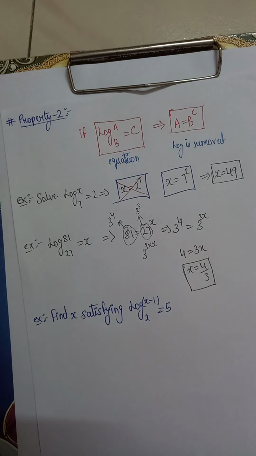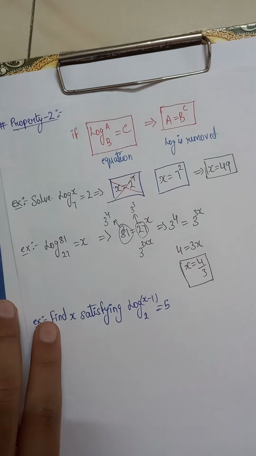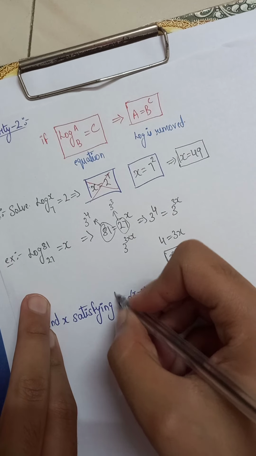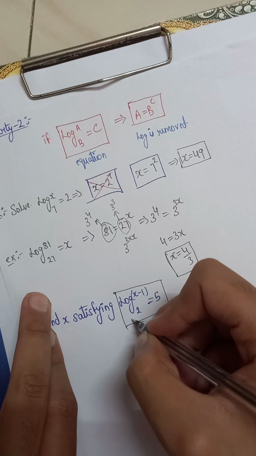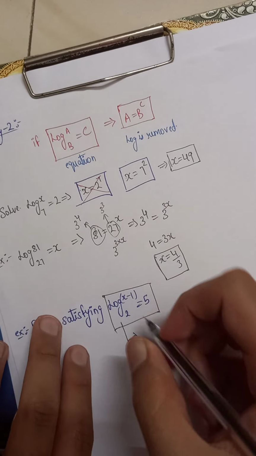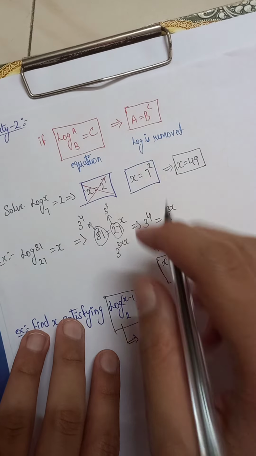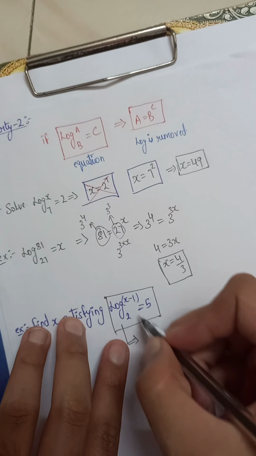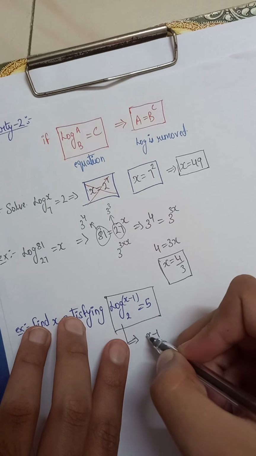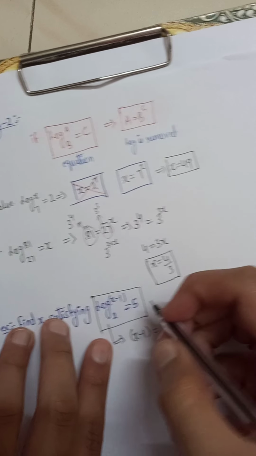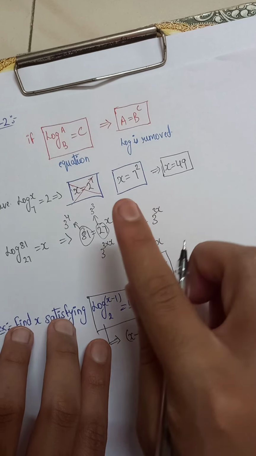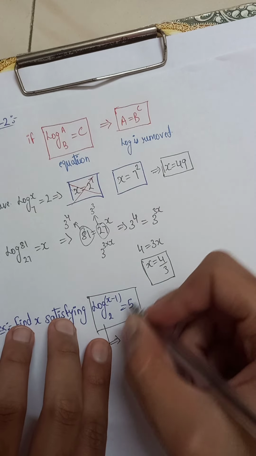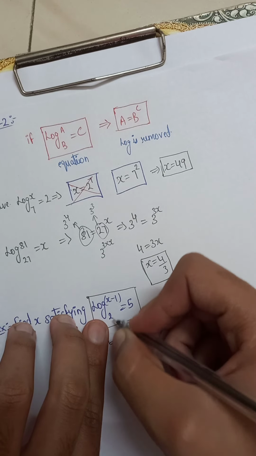According to the property, we can write this as x minus 1 is equal to, if you think 5 to the power 2, then you're wrong. I am reminding you again: b to the power c, where b is 2.